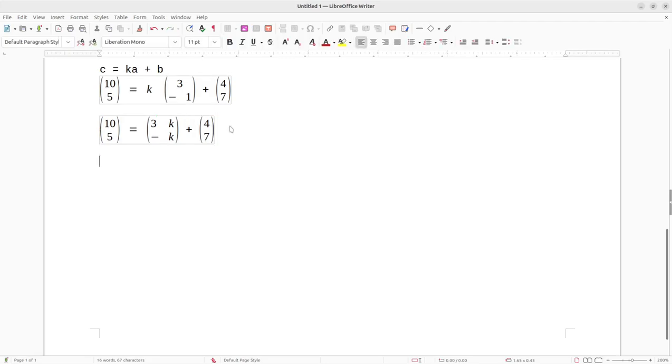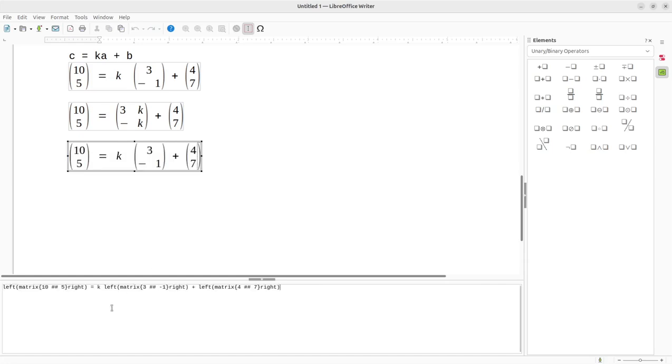Then from there, you are going to have 3k plus 4. And then the other one is -1 plus 7. Then let's match.